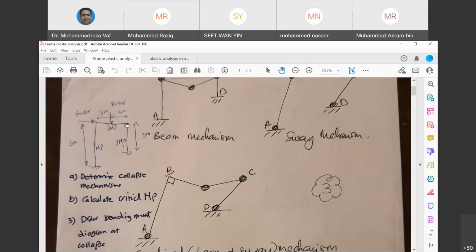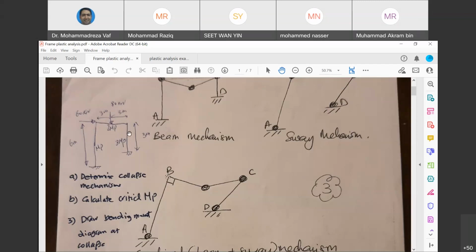Either it is going to be on the left side or the right side of the beam. So in order to distinguish which side is going to be the plastic hinge, you may examine both if you're not sure. But always, as I said, a plastic hinge occurs at the location that has the largest bending moment. If you look at this frame, the right column is shorter than the left column.